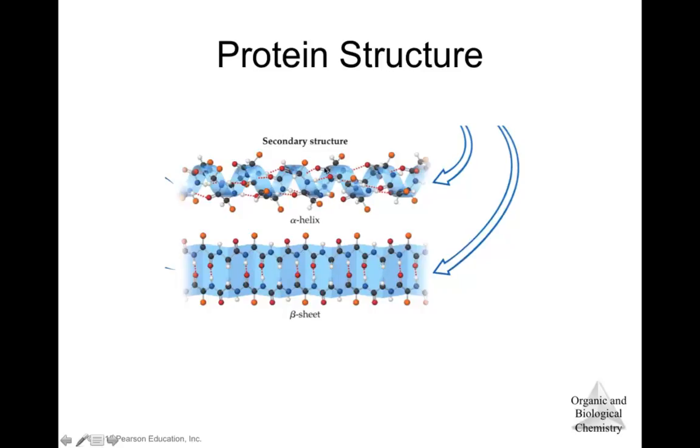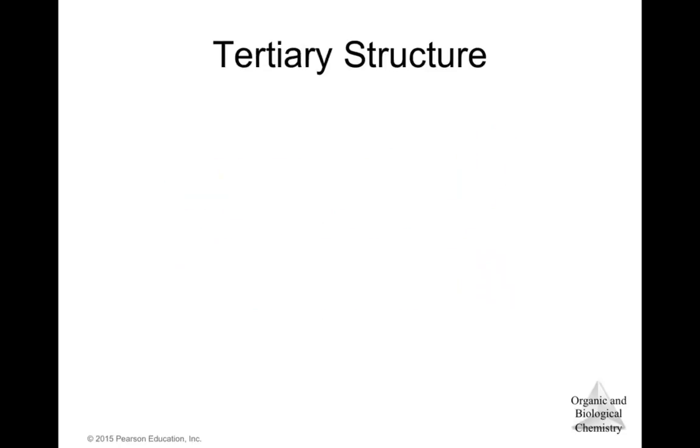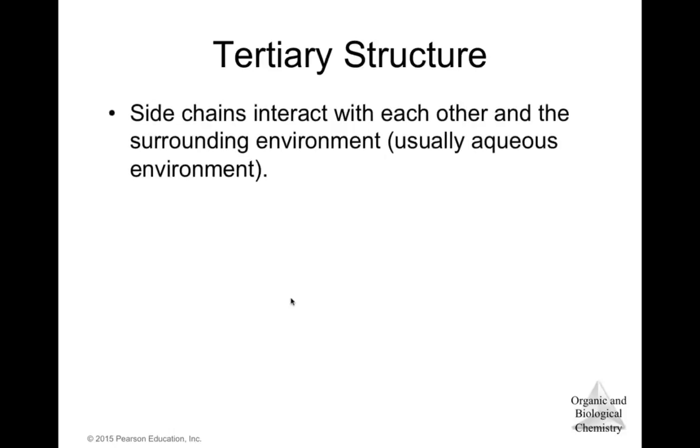So the secondary structures, alpha helix and beta sheets, are basically hydrogen bonds, okay, created between the carbonyl group and the hydrogen of different amino acids of the primary structure. The tertiary structures are basically side chain interactions that interact with each other and the surrounding environment, usually an aqueous environment.